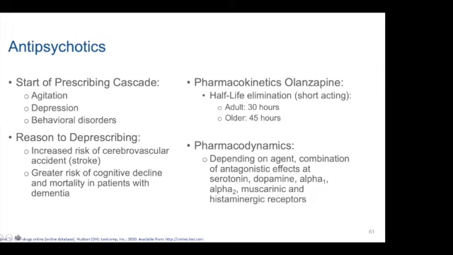In the case of somebody with end-stage dementia, there are two considerations to bear in mind. Number one is caregiver burnout.